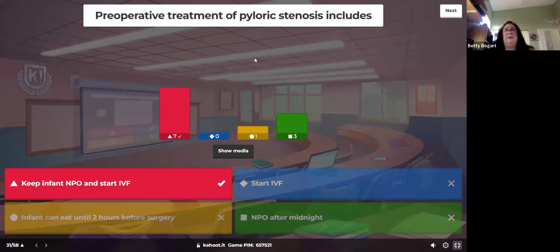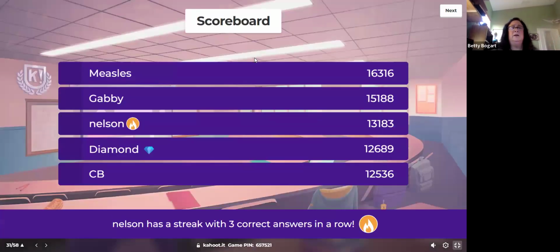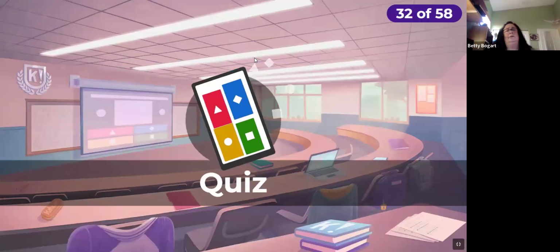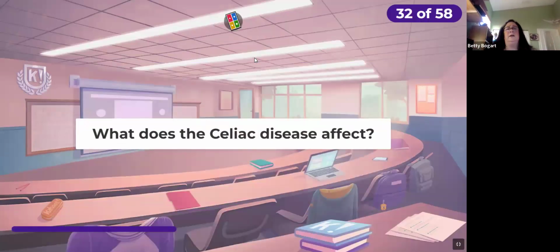This child does not need the antibiotics. That's only tracheoesophageal fistula, when they don't have their esophagus. Both of them do need NPO because of the chances of vomiting and aspirating. This one doesn't vomit once their stomach's empty.